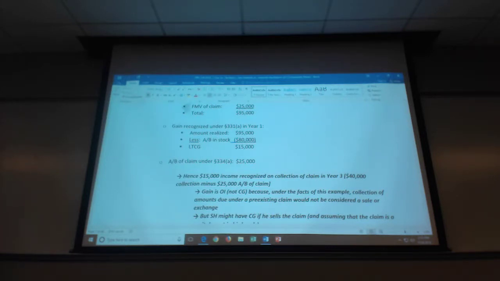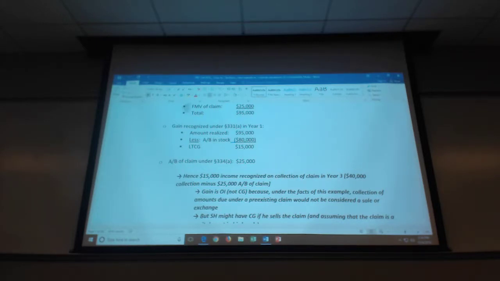It's basically the unwinding of an investment, and therefore the code, section 331(a), provides sale or exchange treatment in effect for the shareholder, earnings and profits being irrelevant.